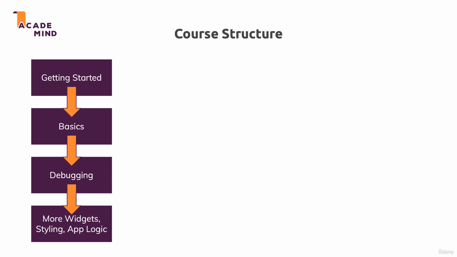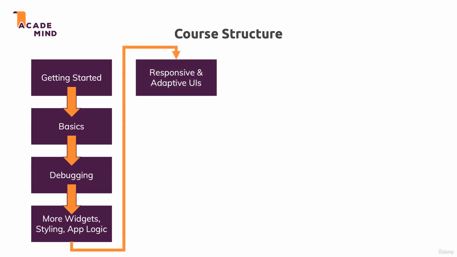Now, after having a closer look at styling and building more realistic widgets, you will also learn how to build responsive and adaptive user interfaces. Responsive simply means that you have user interfaces that look good on different device sizes. Adaptive means that your user interface adapts to the underlying platform, so to Android or iOS, and for example, renders different widgets or a different layout if you want to.